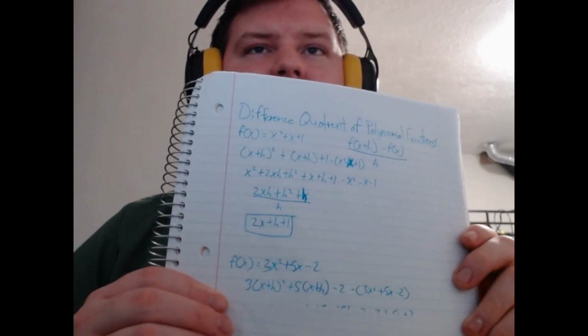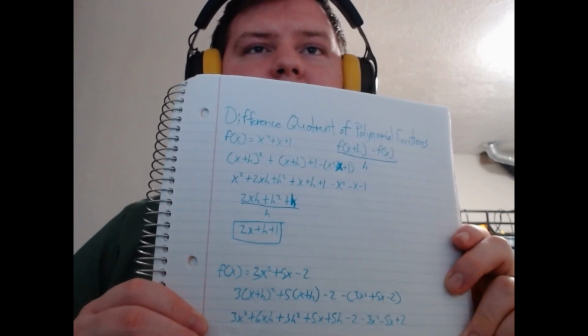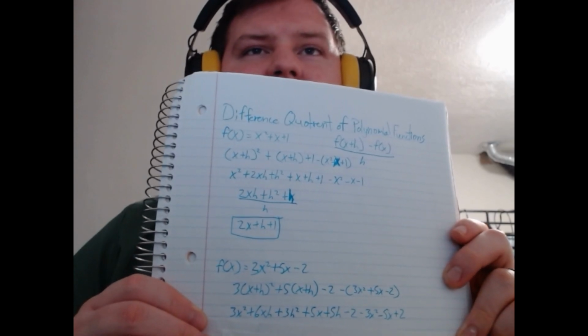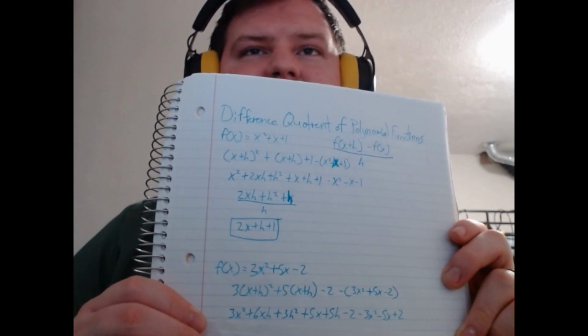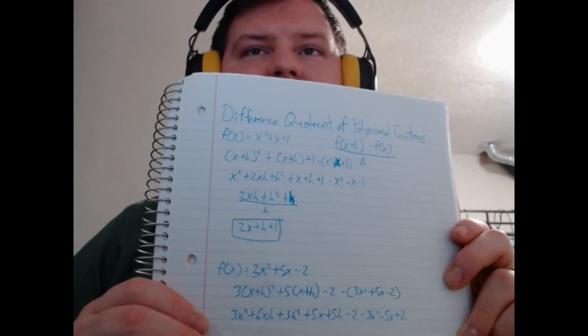Okay? We can go ahead and simplify and distribute it out, right? So 3x squared plus 6xh plus 3h squared plus 5x plus 5h minus 2 minus 3x squared minus 5x plus 2.